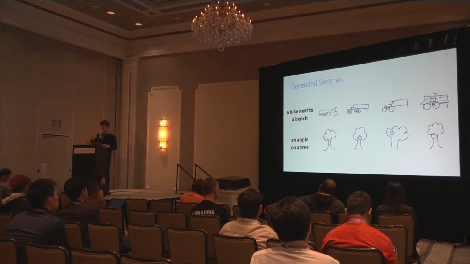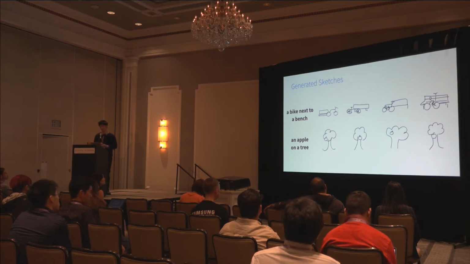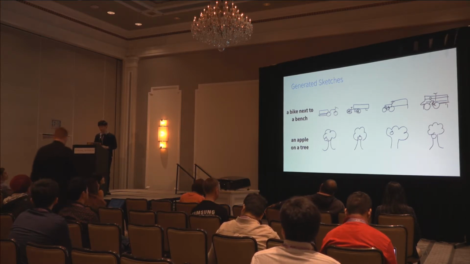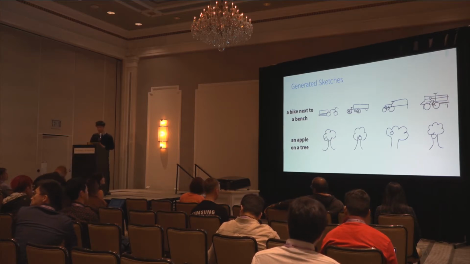Here, we have a bike next to a bench, where both objects are placed at almost the same altitude in the scene. And finally, we have an apple on a tree, where you can see that the apple is not put on top of the tree, but stems out almost from the leaves, so the model is able to take these contexts into account.